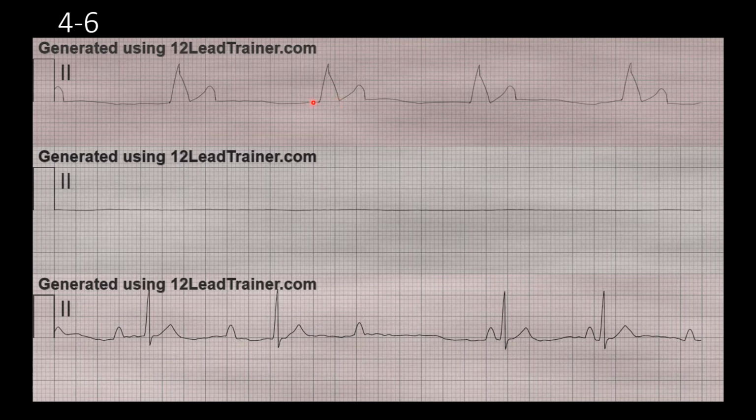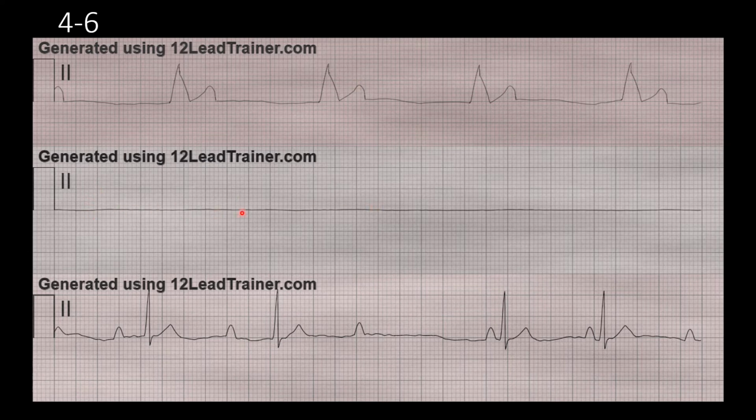So the wide complex tells us this is ventricular. And with knowing that we don't have P waves, it is a very regular rhythm, as ventricular rhythms usually are, and it's within the proper rate. With all that, we can determine that this is most likely an idioventricular rhythm, or idioventricular.